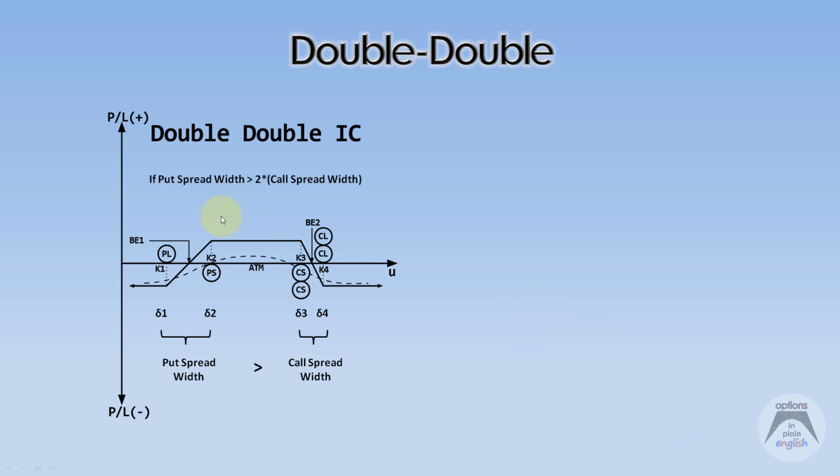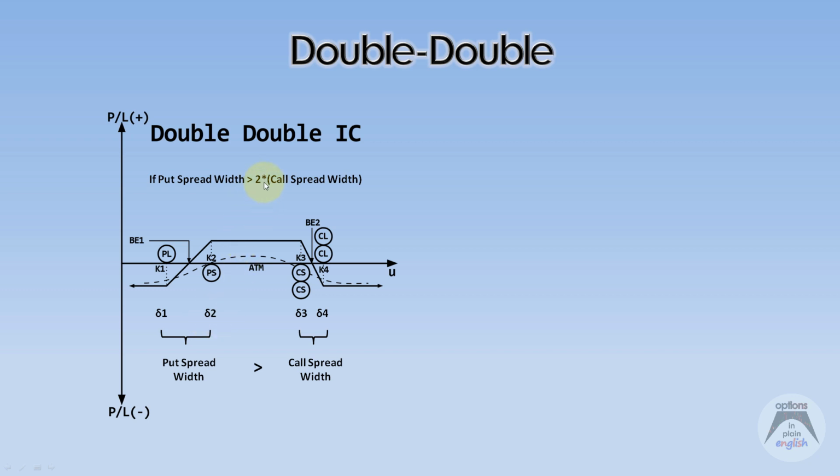if the put spread width is greater than 2 times the call spread width, so in this case, for an equity product, this would be something that happens all the time. This put side is going to be wider than the call side, and wider by a lot, let's say by a ratio of 2 to 1.